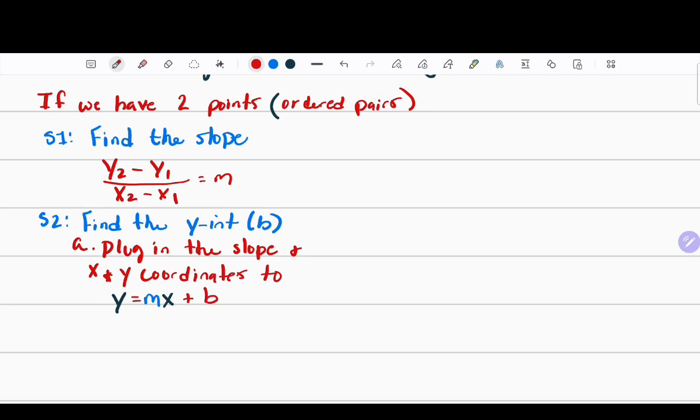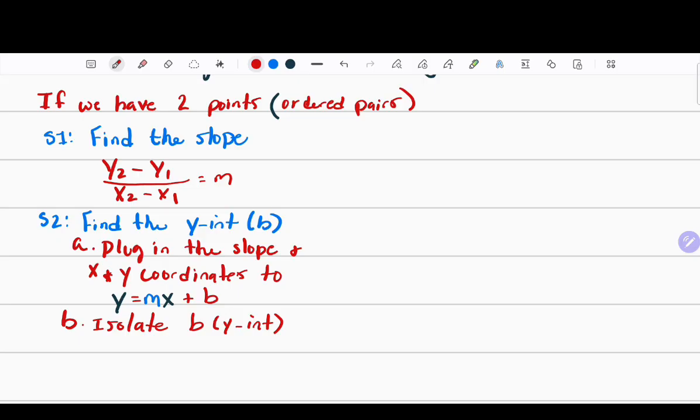All right. So after you get the slope, you take one of your points, any one you want to use, and plug that in to y equals mx plus b. And the next thing we did, subpart B, is we isolated, I was going to say solve for b, but I'll keep with it. Isolate b, which is your y-intercept.